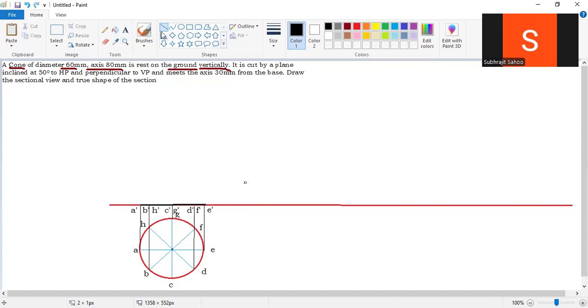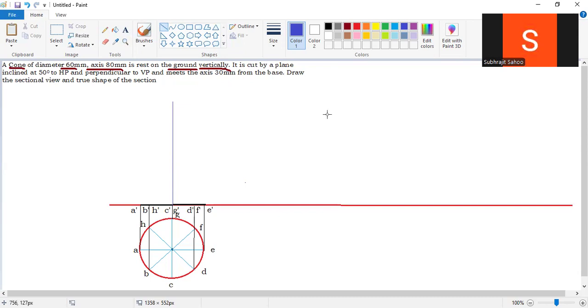Then, sir, what is the height given? 80 mm, given. So 80 mm you take from, extend this axis to 80 mm. Right, 80 mm extended.